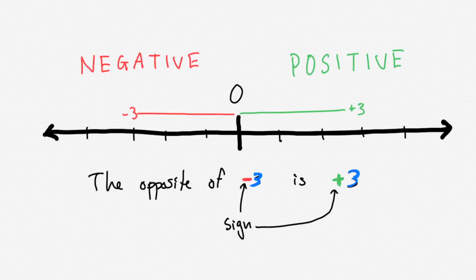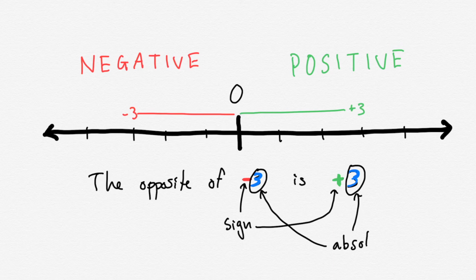Now, I'm kind of using some of this vocabulary not in the best way. So let's just straighten out our vocabulary and talk about this portion of the number. This is not called the sign. Right here, this is called the absolute value. The absolute value of the integer.